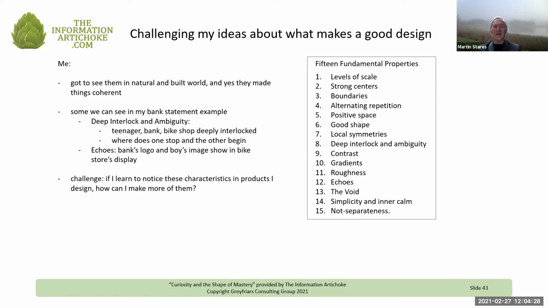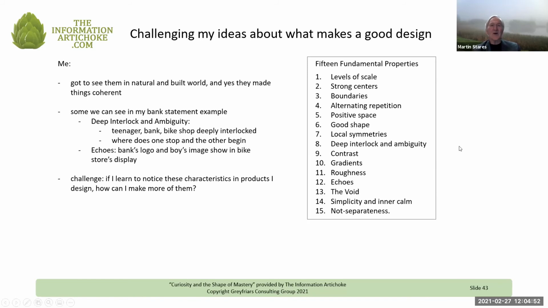Where does one stop and the other begin? There were echoes, the bank's logo and the boy's image showing the bike store's display, and all cyclic permutations of that. So here's the challenge. If I can learn to notice these characteristics more and more in products I design, can I make more of them?